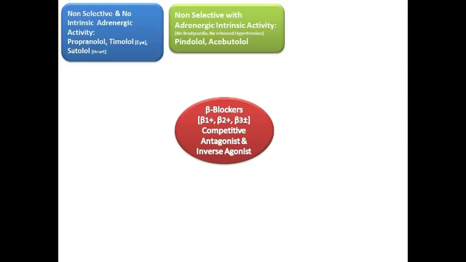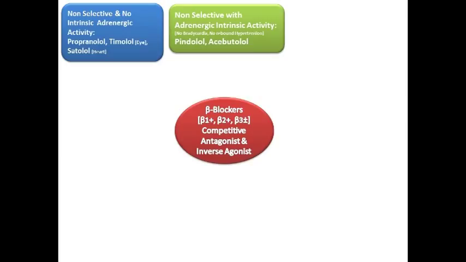So that is what we call non-selective with intrinsic adrenergic activity. Since they are drugs with some minimal, weak agonist activity, they are of help when your non-selective drugs with no intrinsic activity give you trouble in clinical therapeutics.